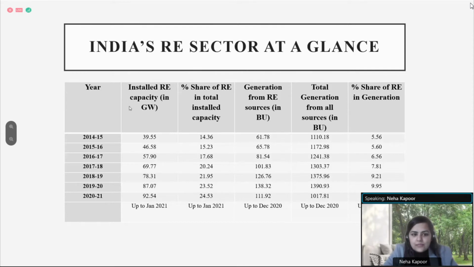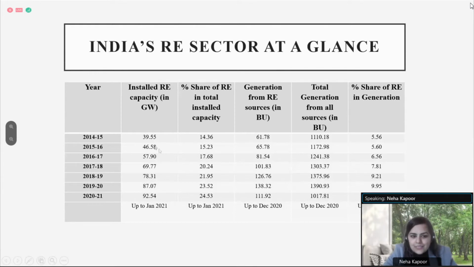Then let's have a look at India's RE sector. There has been a lot of improvement over the years. Starting with data from 2014 till 21, the installed RE capacity in gigawatts has been shown in this table in tabular form, where the percentage share of renewable energy in total installed capacity is also compared with the generation from RE sources, total generation from all the sources, and then the percentage of RE in generation.